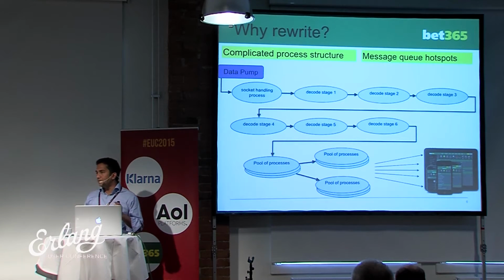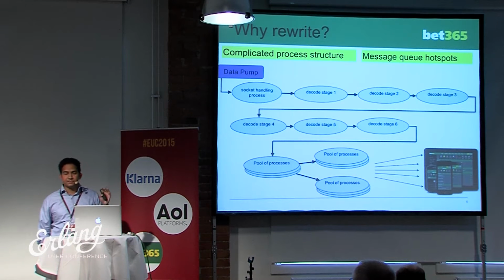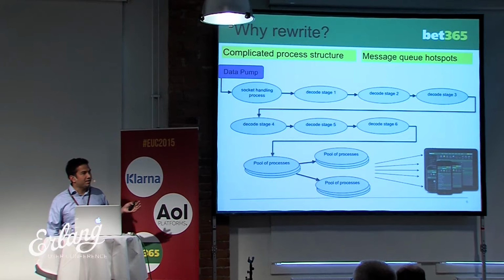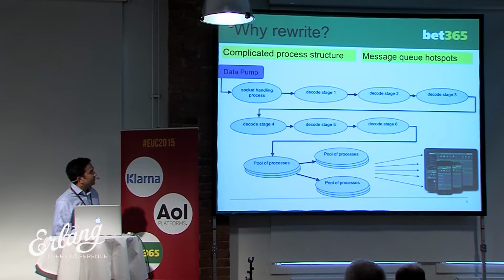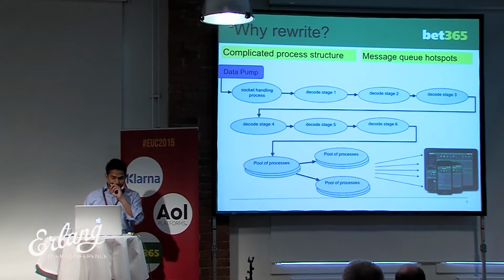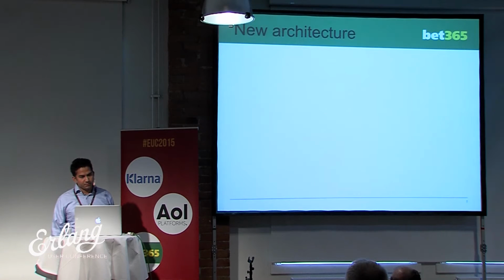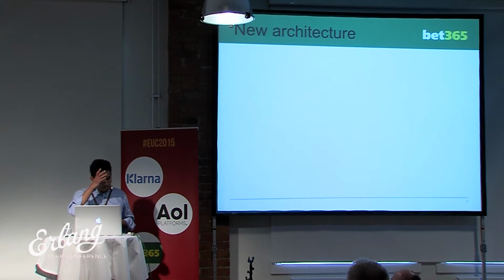While it sort of deals with it, and even if there's a message queue build-up it catches up, it can lead to instability, which is unpredictable in nature, which is not great. So we decided to rewrite it from the ground up.